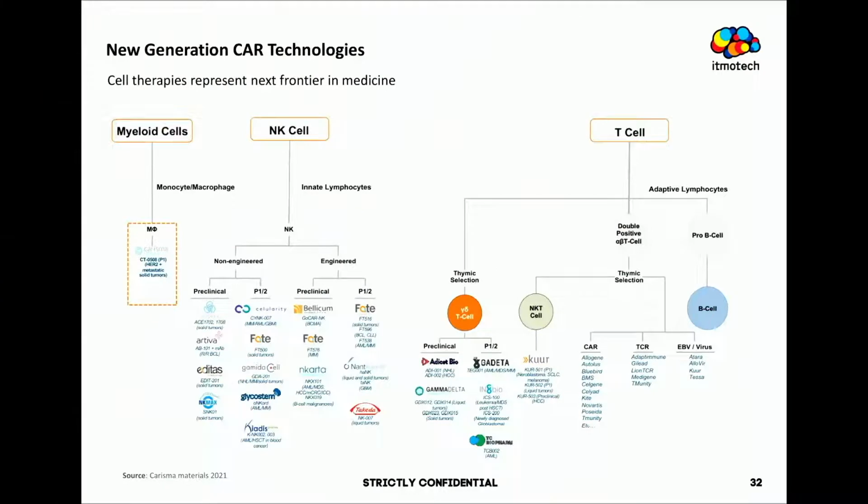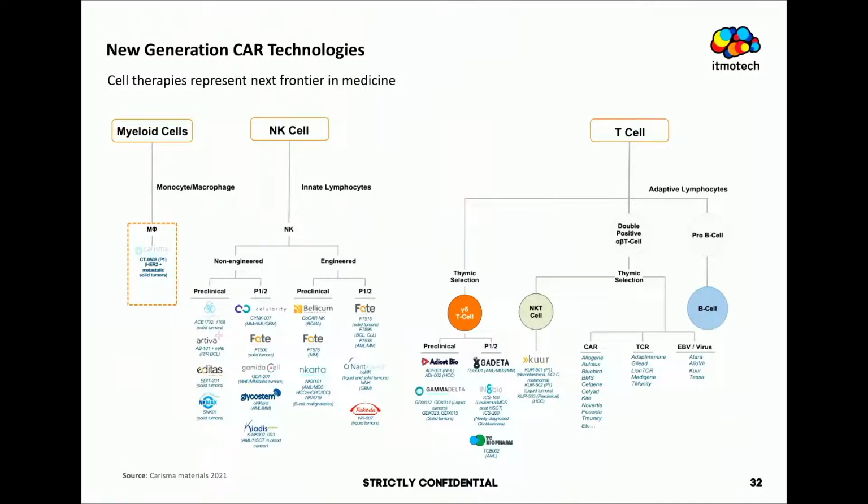So CAR T are using originally T cells, but then in the molecular biology course, you will learn how many other cells are available in the immune system. So T cells are just one type of cells which are specifically used in the immune system to kill infected cells or cancerous cells.